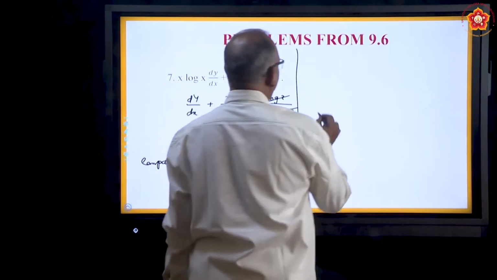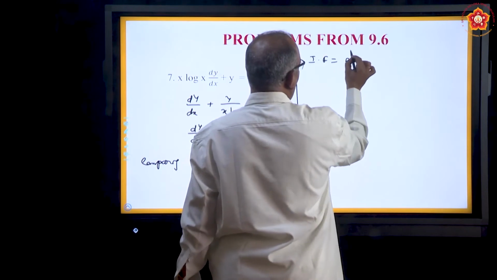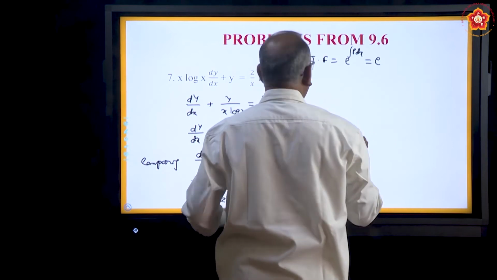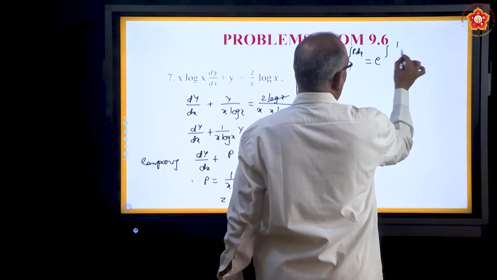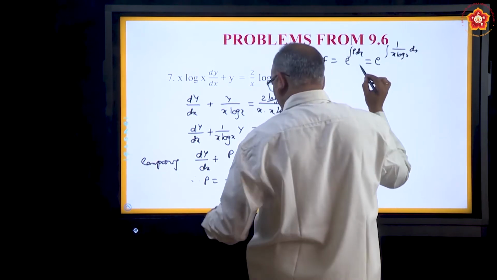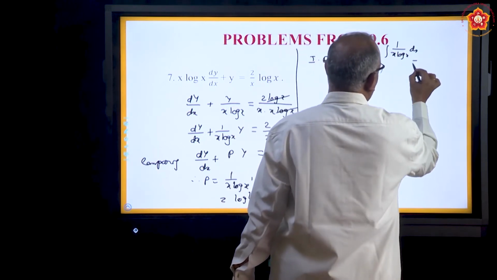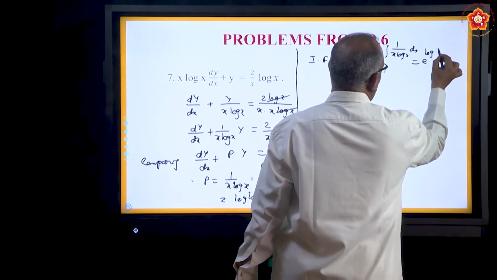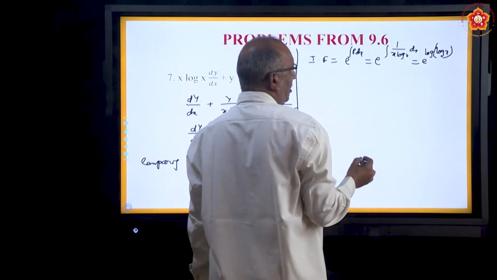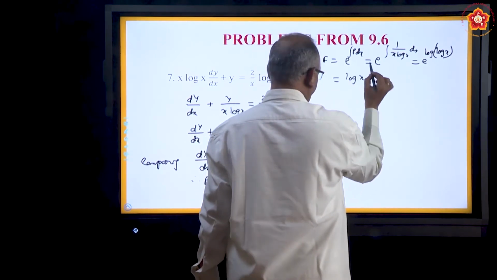It is defined as e to the power integral of p dx. In other terms, e to the power integral of 1 upon x log x dx, and this integration we have already done. How much is it? Log x. So, it is e to the power log x, and we know that e and log are reciprocal operations. As a result, you get log x.